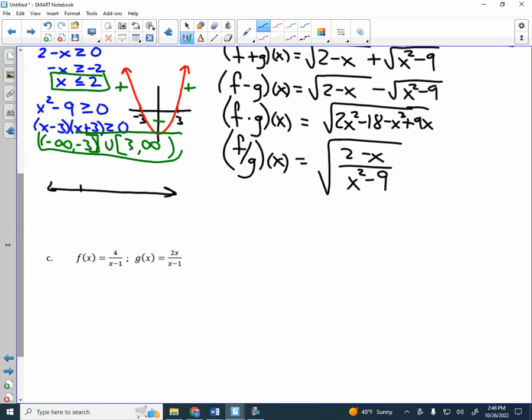I'm going to plot the numbers negative 3, 2, and positive 3. Now, for this one right here, I have x is less than or equal to 2. And for the other one, I'm going from negative infinity to negative 3, union 3 to infinity.